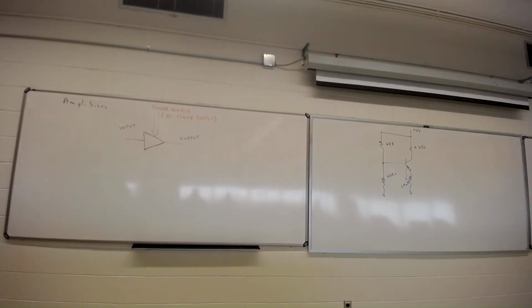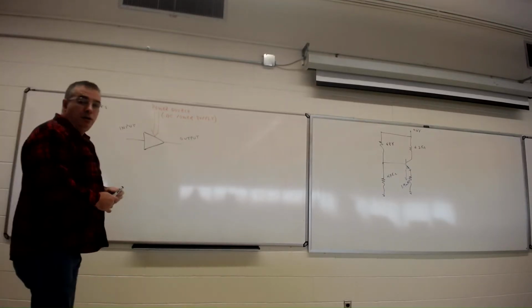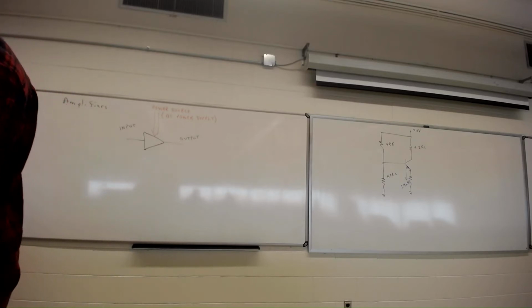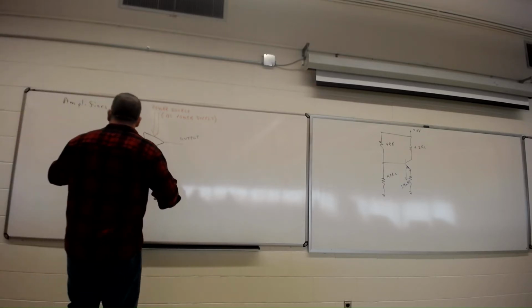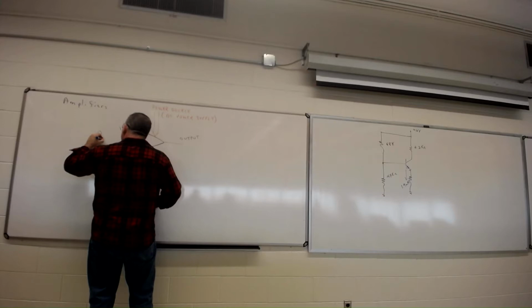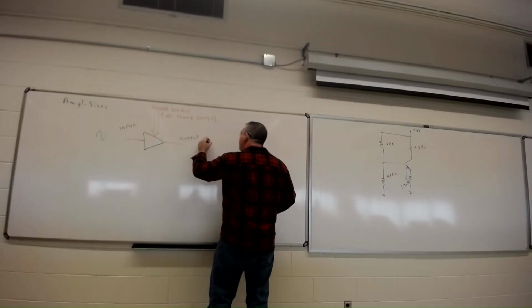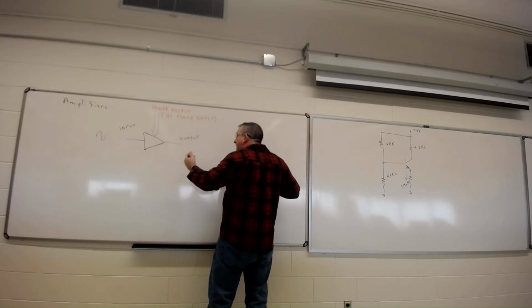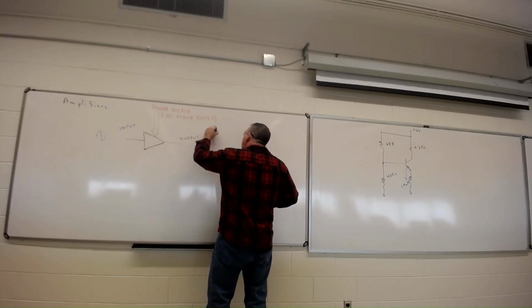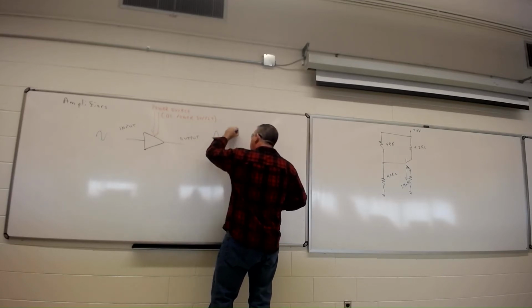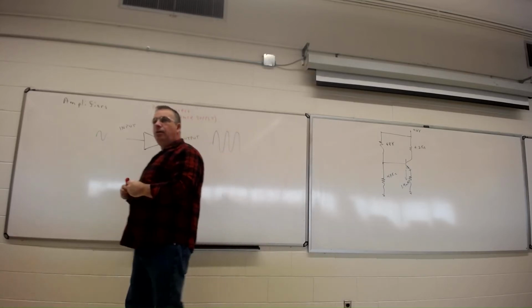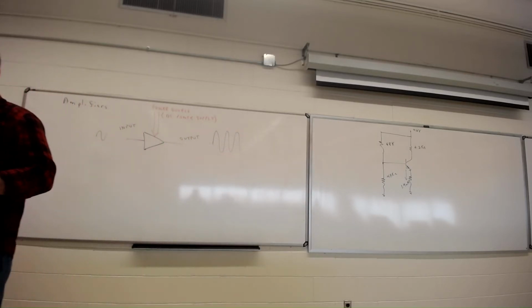Okay? So when you have an amplifier, you'll usually have an input signal. So we'll have a small input signal. And coming out of it, we're going to have a facsimile of it, hopefully the same signal, but with more energy added to it, more power.